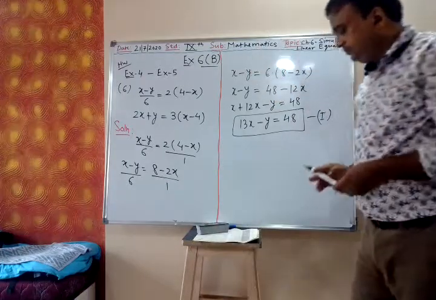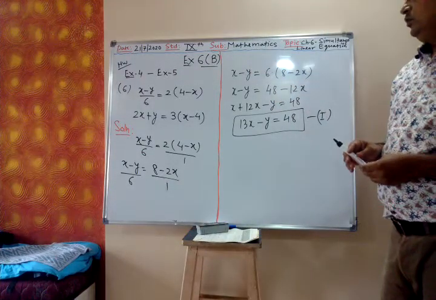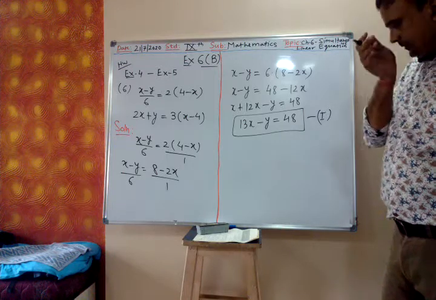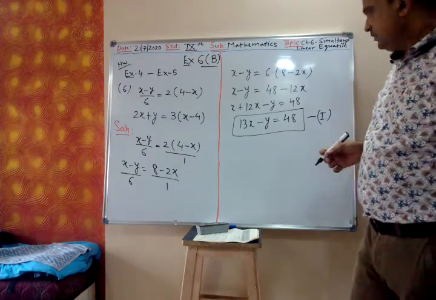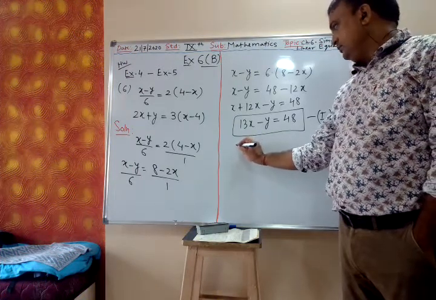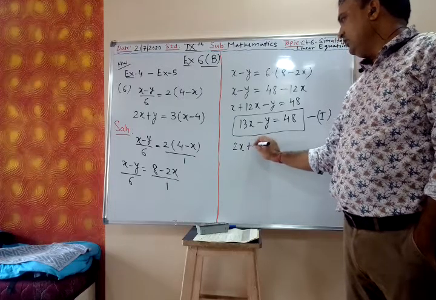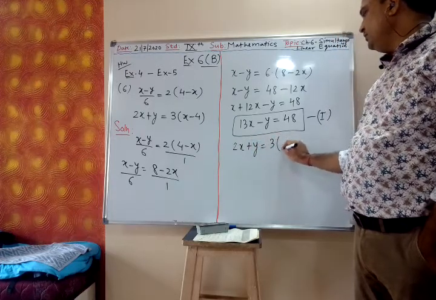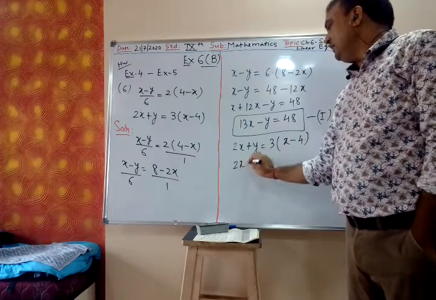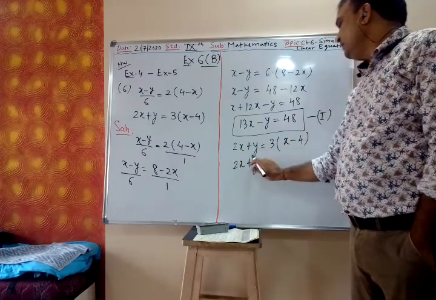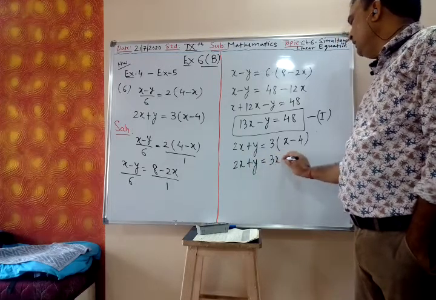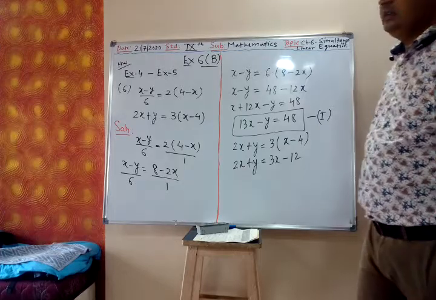Then second, 2x plus y is 3 into x minus 4, that we have to simplify. Open the bracket. 2x plus y is equal to 3 into x, 3x minus 12.